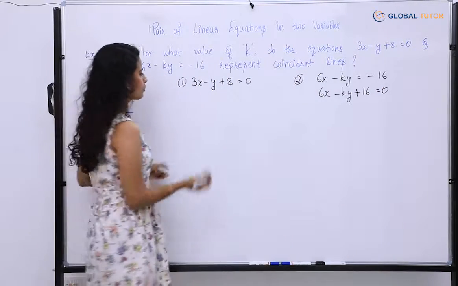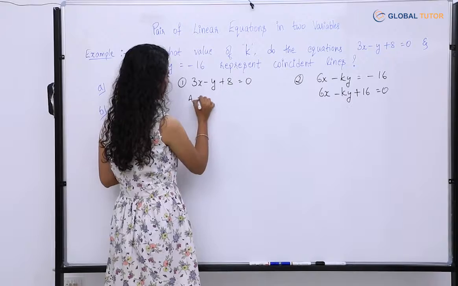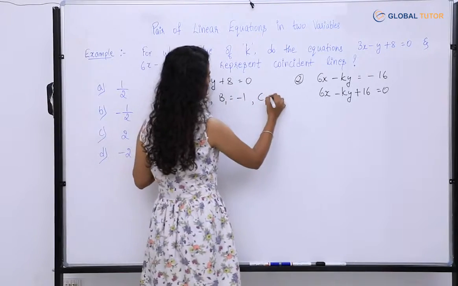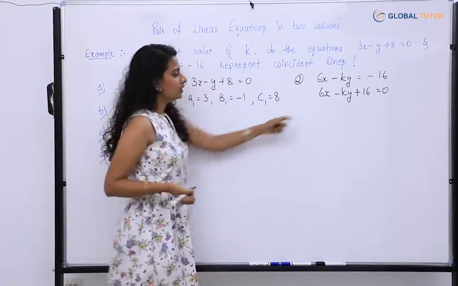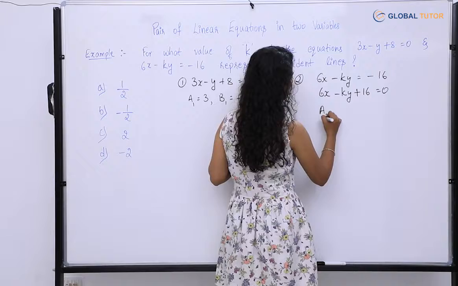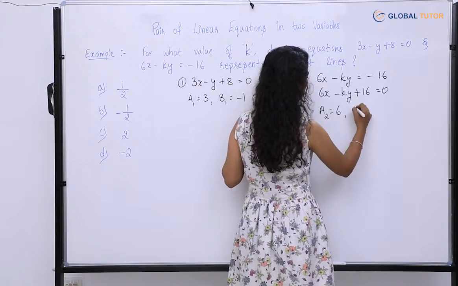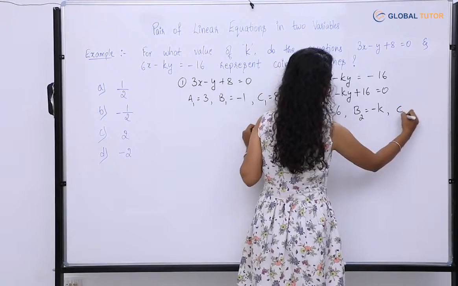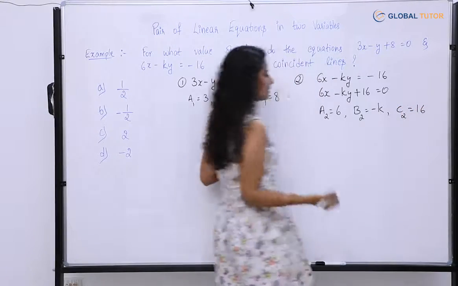Now what are the values of constants? A1 is equal to 3, B1 is equal to minus 1, C1 is equal to 8. Here in the case of second equation, value of A2 is 6, B2 is minus k and C2 is plus 16.